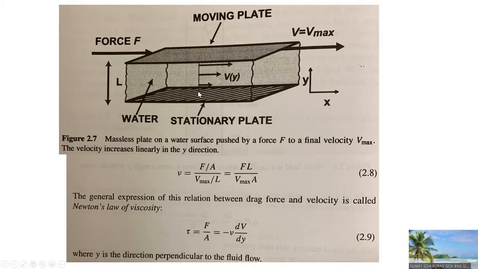And the water molecule attached to the stationary plate will be stationary. So the water molecule attached to the stationary plate is not moving, whereas the water molecule attached to the upper plate, the moving plate, is moving at the speed of the plate. As a result, we can create a velocity gradient where we have a different velocity at different depths.